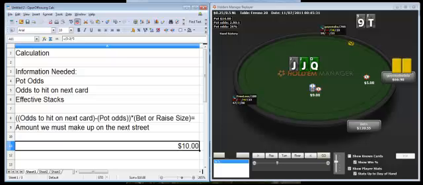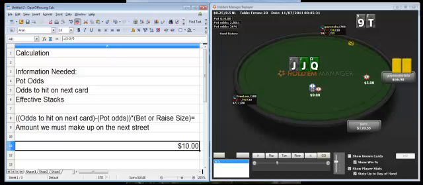You want about 2 times the amount you need to make up on later streets in their effective stacks. So in this case, I need to make up $10, so I want my opponent to have at least $20 in his effective stack in order for me to call the flop.